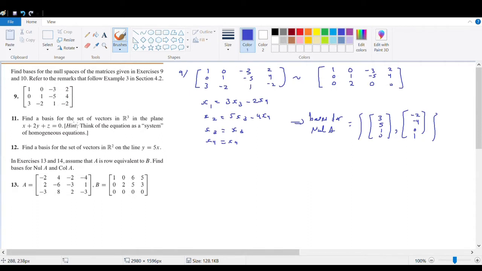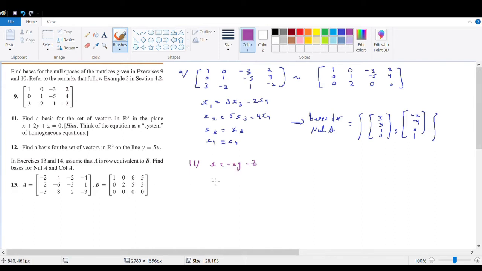Find the basis for the set of vectors in R3 in the plane x plus 2y plus z is equal to 0. So in this one, if we write first x is equal, we get x is equal to minus 2y minus z.